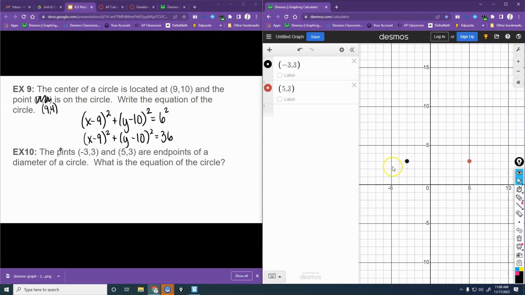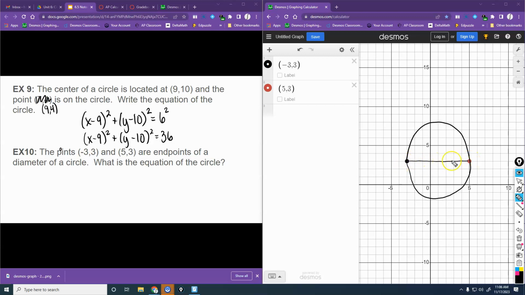And there they are. These are the endpoints of a diameter. If you think about drawing this in, that's the diameter of the circle. The circle is going to look something like that. It's not going to be exactly that because my drawing is bad, but these are the endpoints of the diameter.